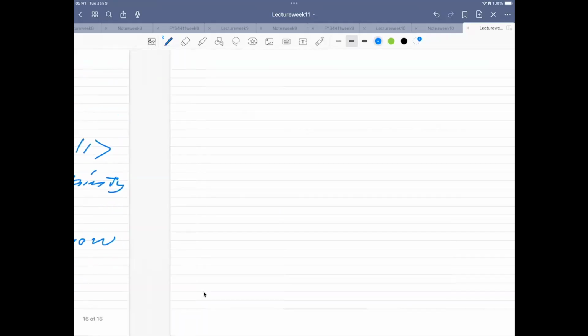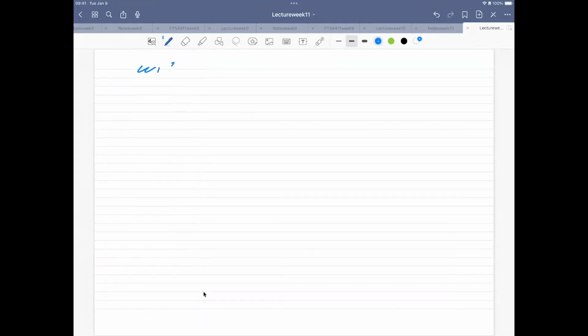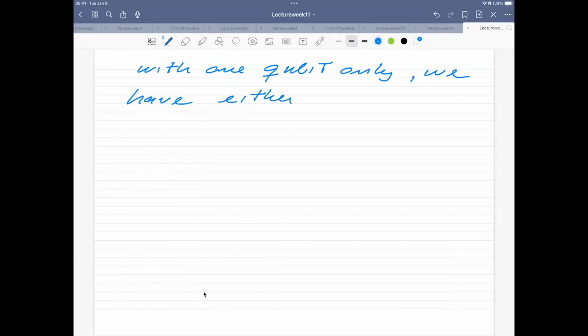So there are only two possible values. So if the actual eigenvalue is 0.25, we will not get the correct value.